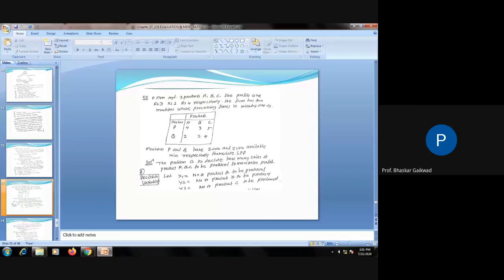Okay. Now we came to our numerical problem, which is expected to be asked in your exams, GATE exams as well as university exams. How to formulate the problem? So here one industry is there, and that industry manufactures three products A, B, C. Profits 3, 2, 4 respectively, means A 3, B 2, C 4. And that firm has two machines P and Q, and their processing times in minutes are given.